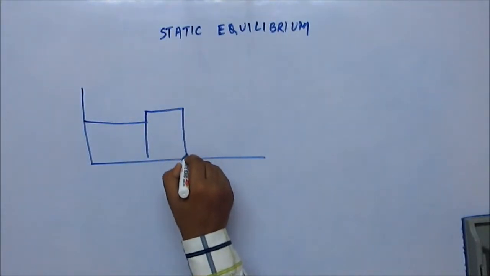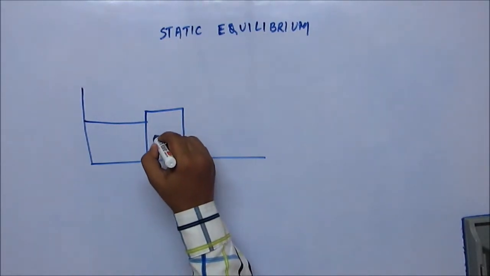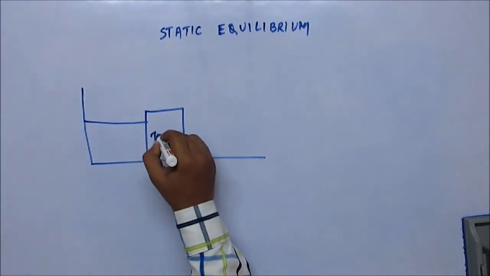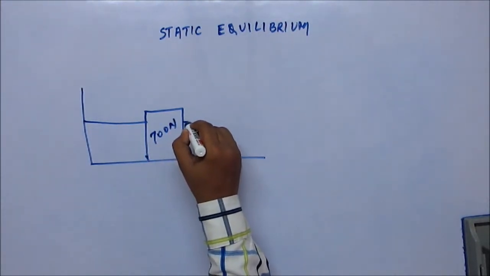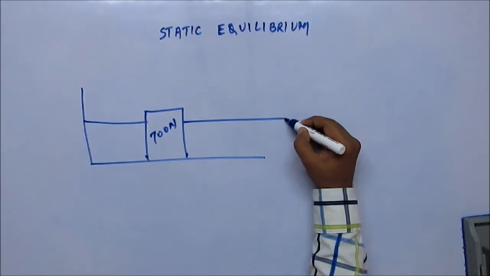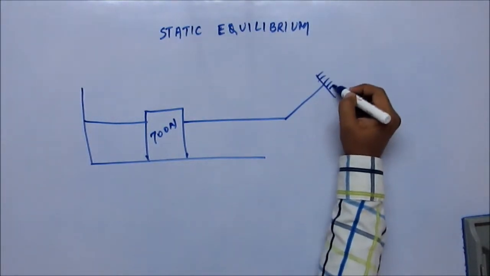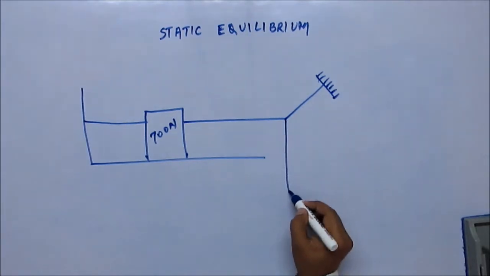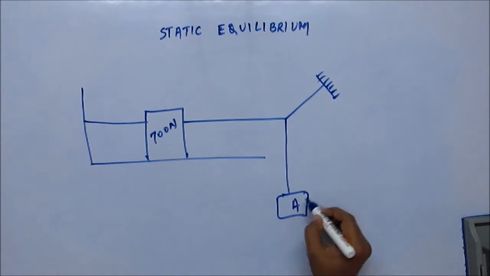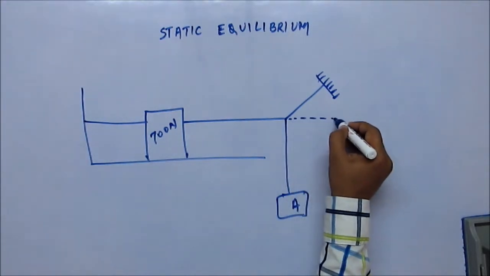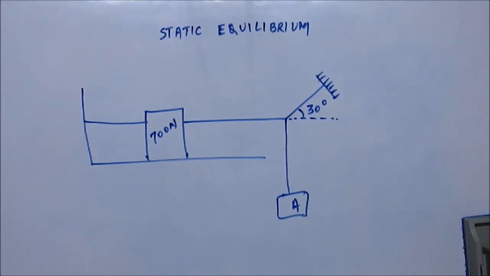Let's suppose we have an arrangement in which the weight of this block is 700 Newton. Then what will be the mass? The mass would be 70 kg, isn't it? So this is given to you.